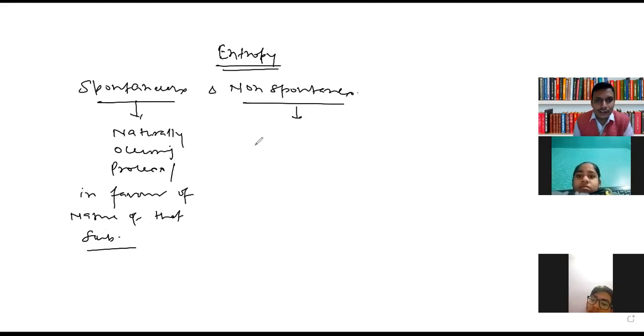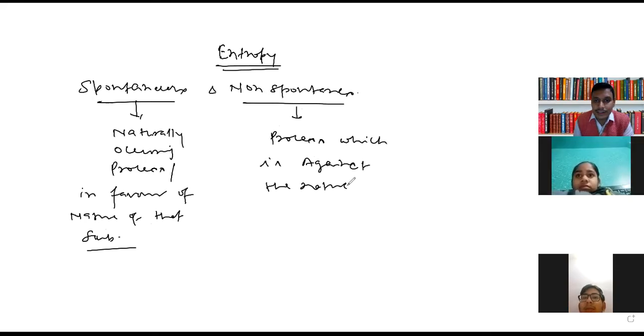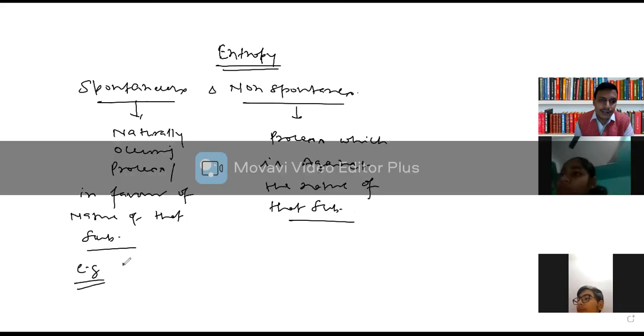And non-spontaneous is the process which is against the nature. Here nature is not the climate, but the nature of that substance. For example, burning of paper.